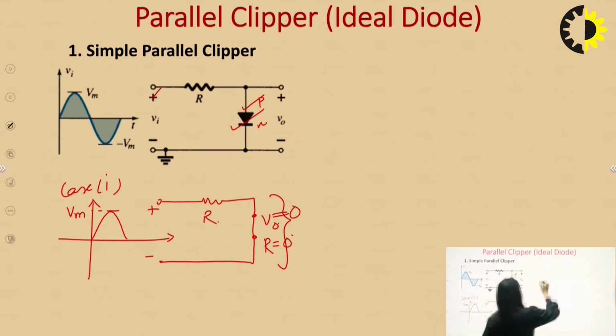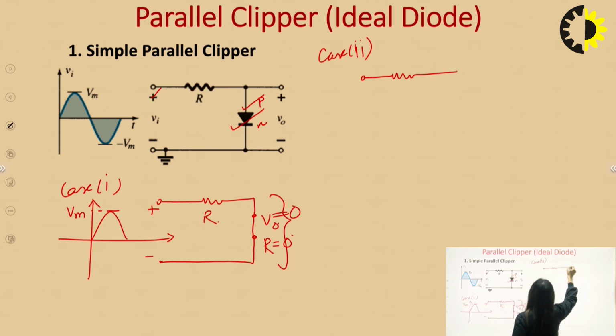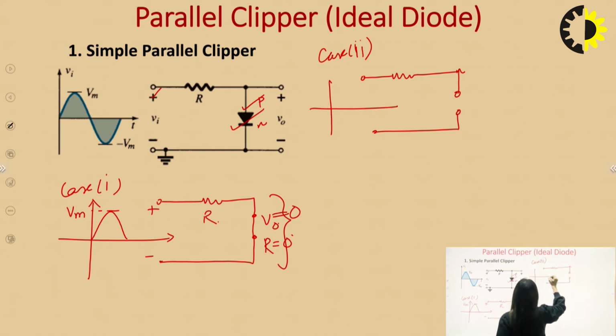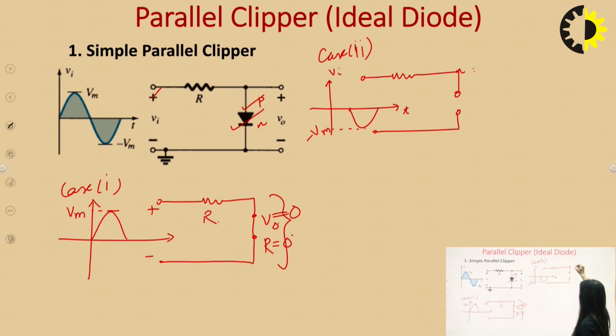Similarly, we will discuss case 2, and we should be very clear for the negative half cycle. The diode is open circuited because this P side is connected to the negative part of the waveform. And this is the output voltage.